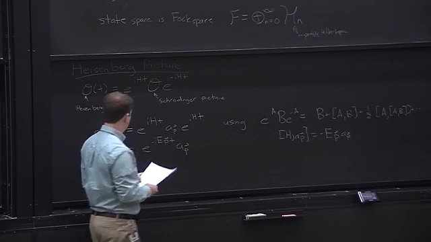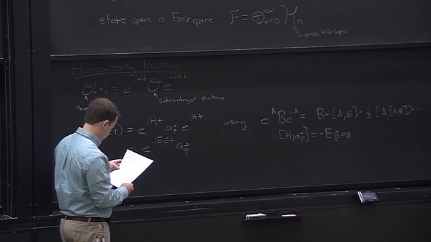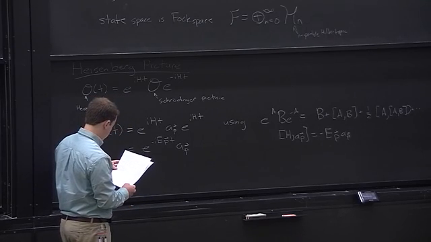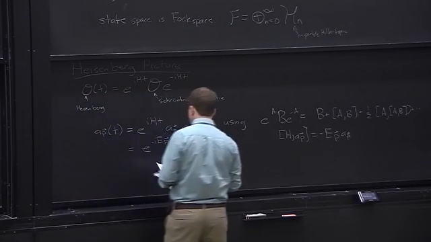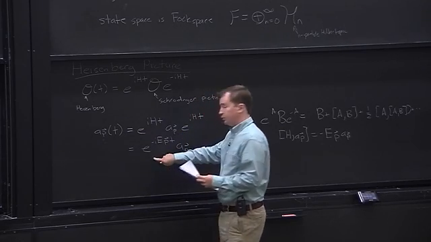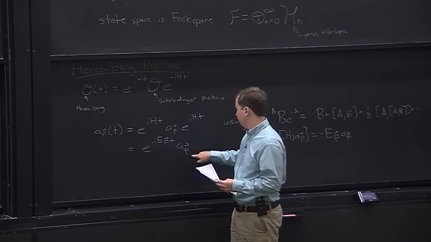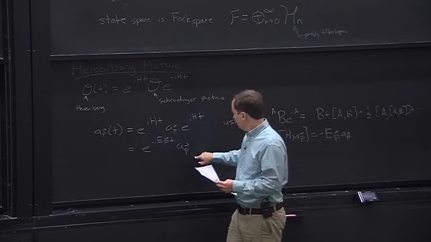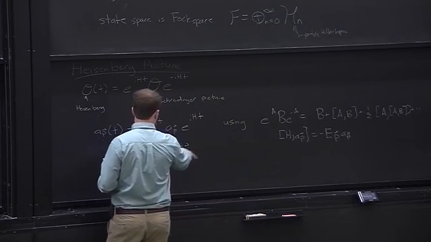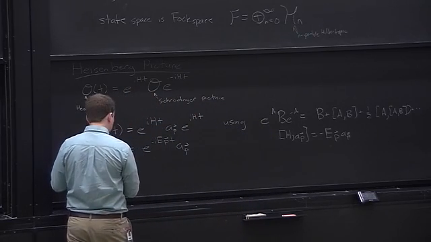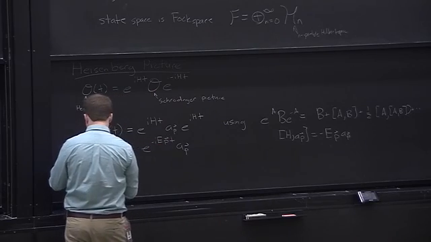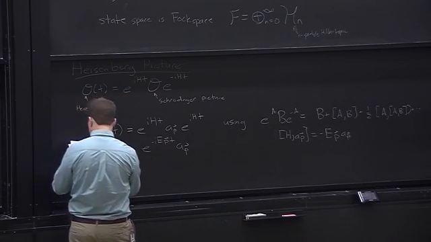Which is what you would expect. This lowers the energy by E_p if we acted with this on a definite energy state, just to get this extra time evolution factor.